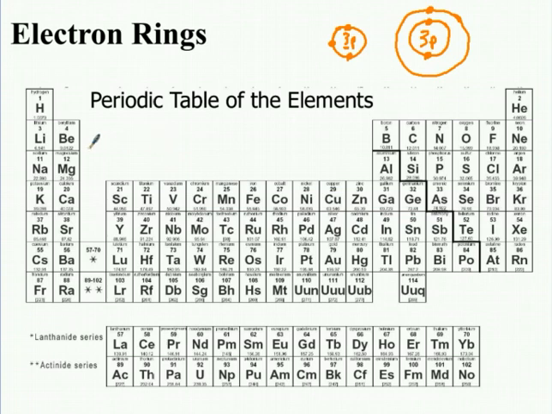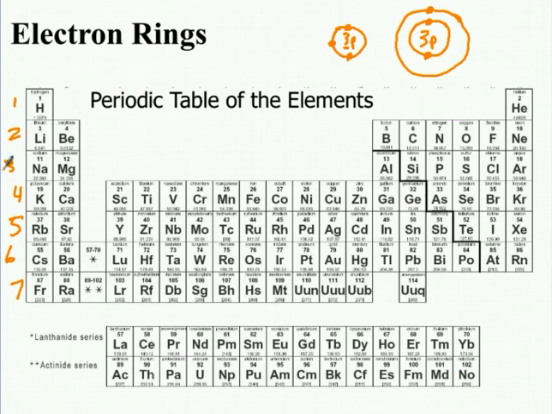That's a really simple thing. It's basically which period it is on. So if I label my periods again, remember, periods are the ones that go across, all the way across, like this. If I look at it, hydrogen and helium are on the first period.